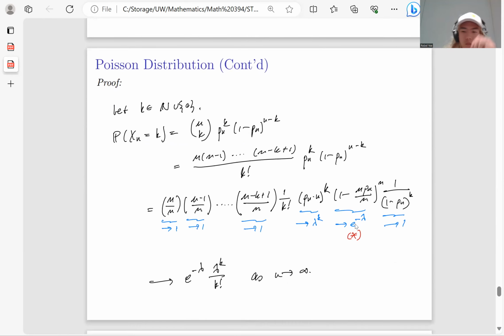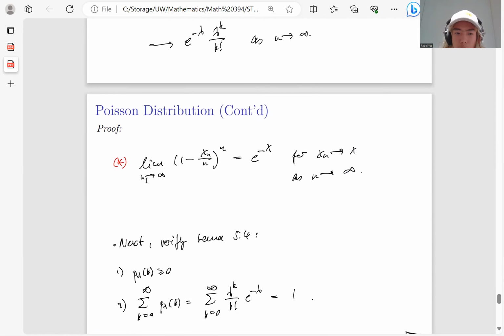And remember, we can multiply the n both on the numerator and the denominator, and this is 1 minus p to the power of n. But here it's n minus k, so we just divide by 1 minus p to the power of k. And we can see this term goes to lambda to the power of k, and this term goes to e to the minus lambda, because this is the process here.